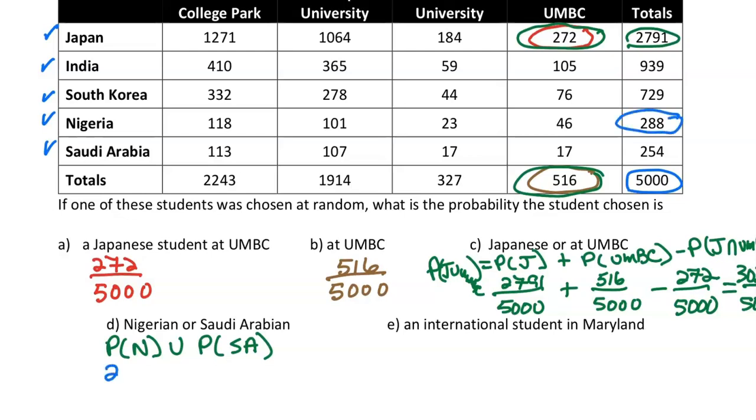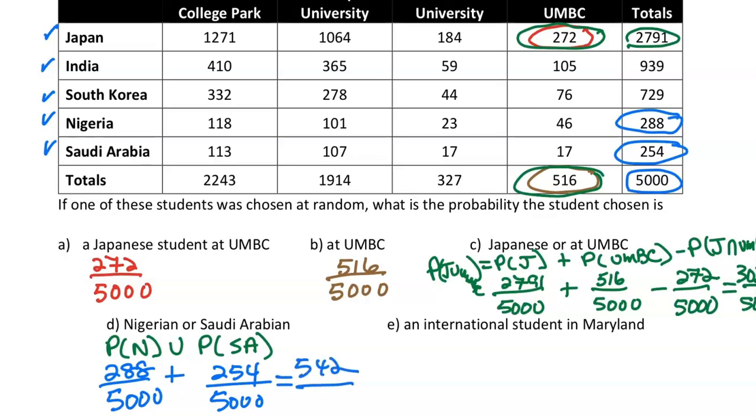And don't forget it's probability, so you have to put it over the 5,000. Plus probability of Saudi Arabian, and that's here. So that's 254 over 5,000. And that's going to end up being 542 over 5,000.